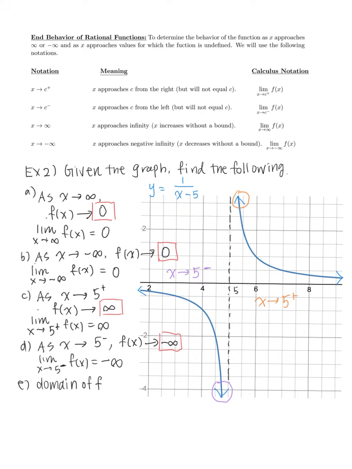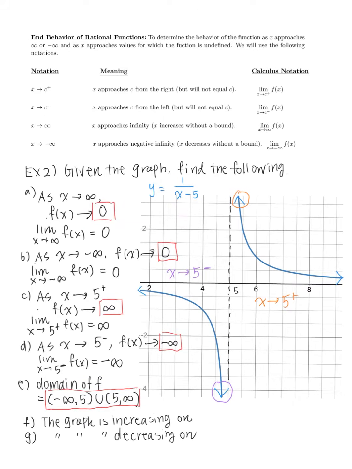So that means that our domain is going to go from negative infinity to 5, but we have to put an open parenthesis here. And then on the right-hand side of the vertical asymptote, notice that this tail end is never going to touch this vertical line. So here we're going to start from 5 open all the way towards positive infinity. So in interval notation, we write this as negative infinity to 5 open, and then union 5 to infinity.